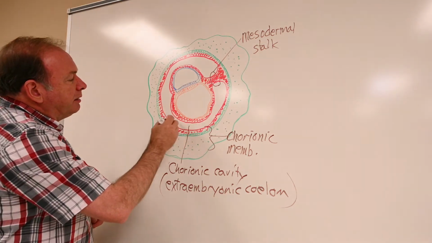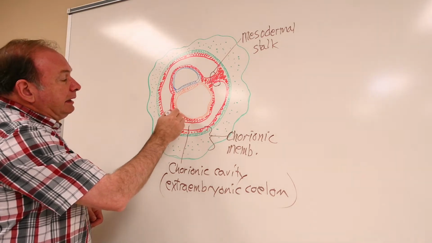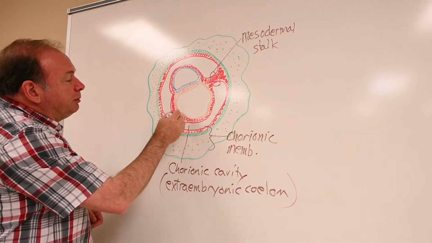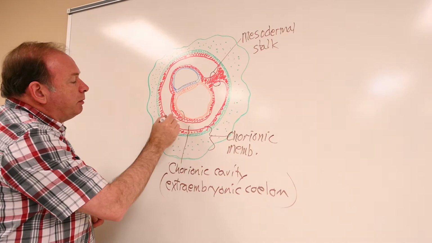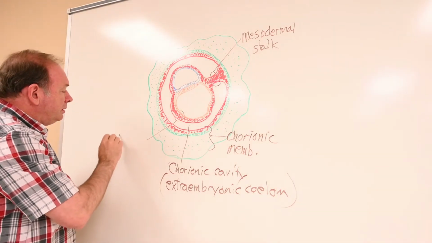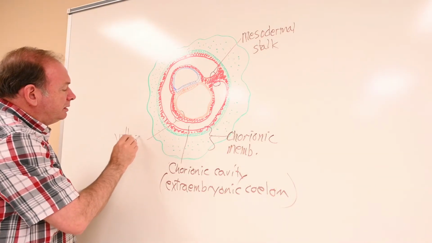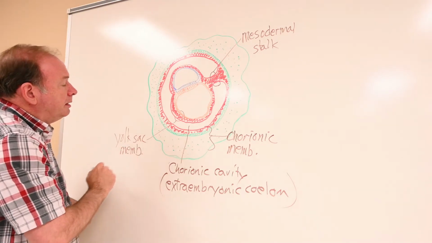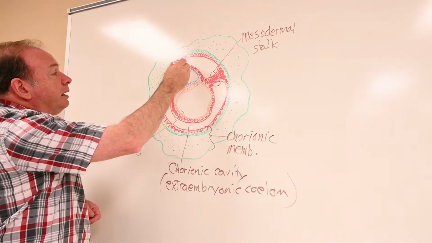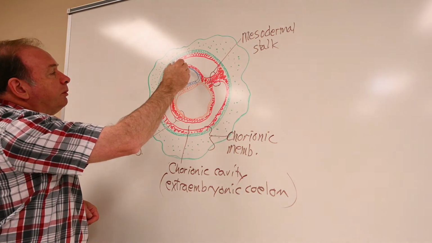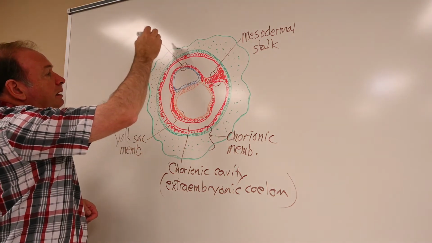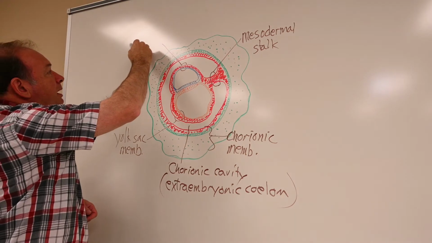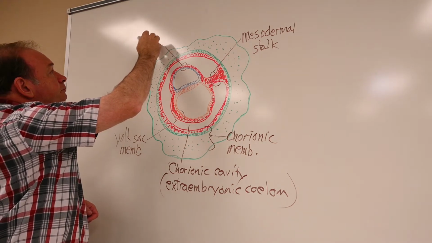The next layer in here, this endoderm and that mesoderm together, make up the yolk sac membrane. The mesoderm and the ectoderm up here make up the amniotic membrane.